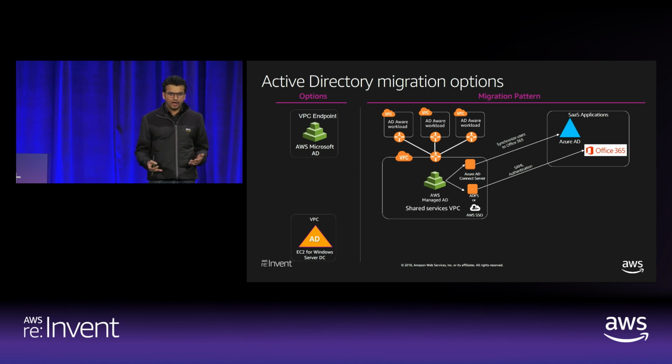The other option that you have is AWS SSO, which is a completely managed service, so you don't have to look at managing high availability for your ADFS. So this is the pattern that you can look at when you have applications where you can have identity on AWS and also work with third-party SaaS applications like Office 365 or Salesforce, right?